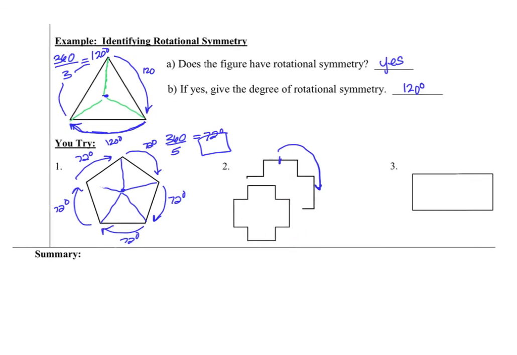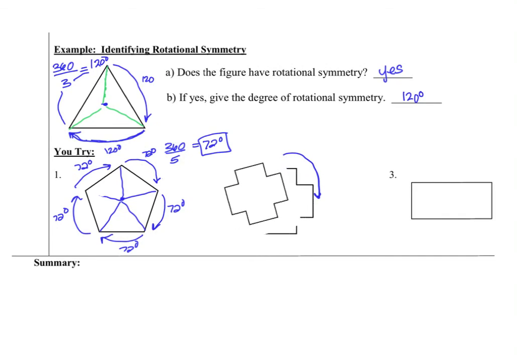So sometimes it kind of helps to rotate the shapes or maybe cut out a shape. If we had patty paper, I'd have you guys trace it. So this time, to determine the degree of rotational symmetry, we're going to be looking at the sides right here because these sides are what I'm paying attention to when I'm trying to rotate it to map onto itself.